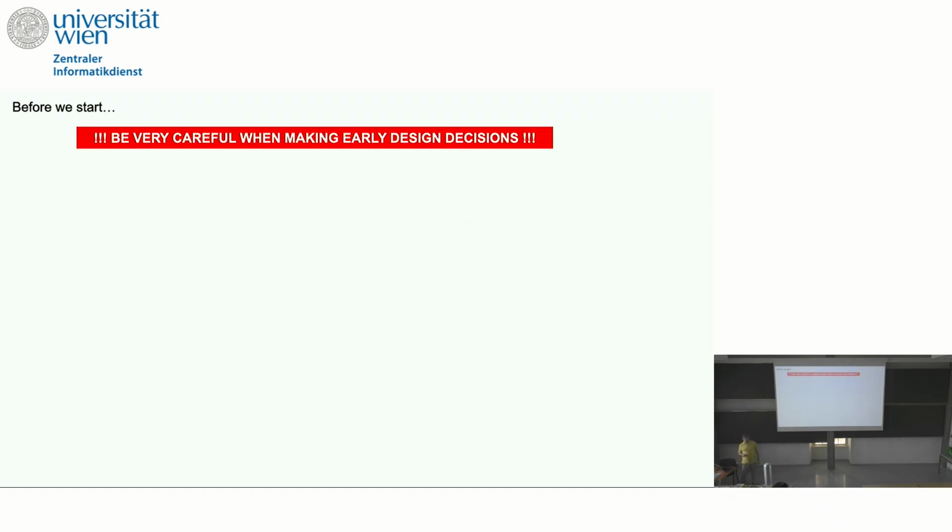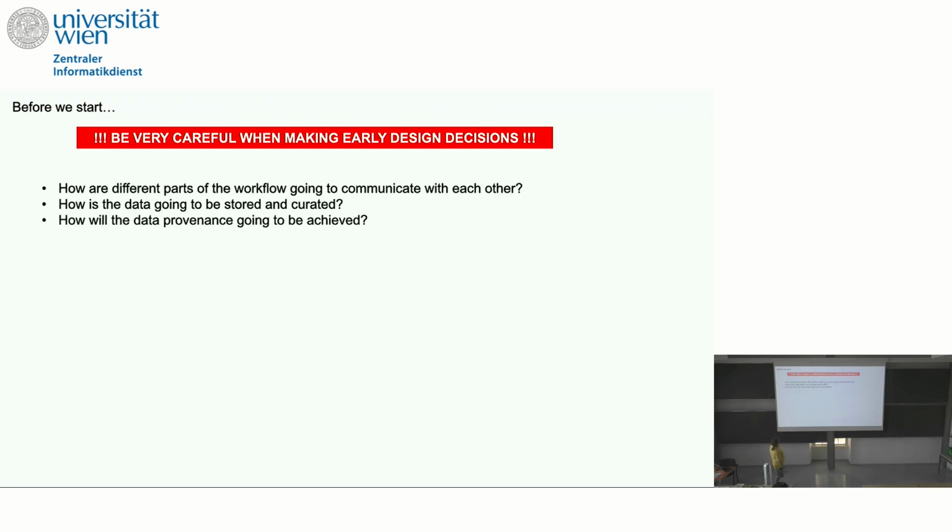I'm writing this in red because I learned it the hard way, right? It's very, very important not to make wrong decisions early on, right? Don't assume that you're going to know what you plan on doing 3 years down the road, right? So be very careful in making design choices.